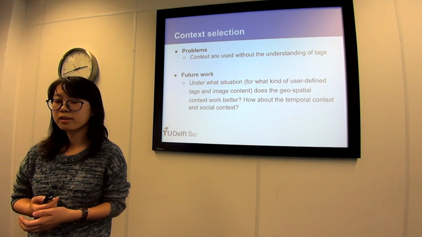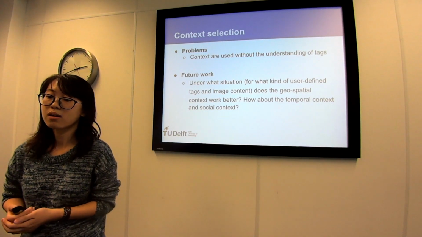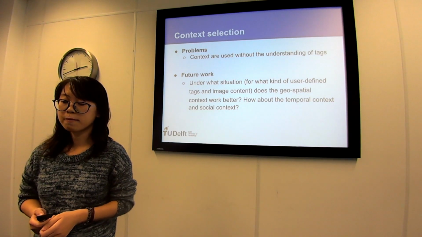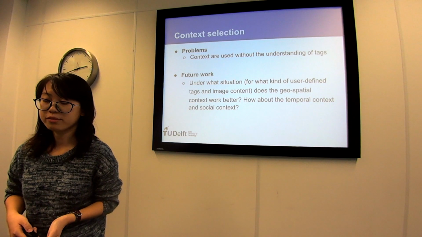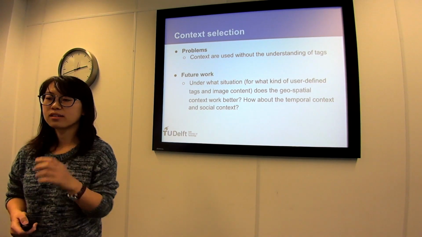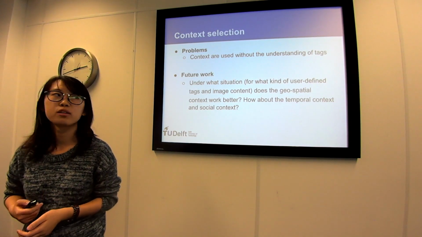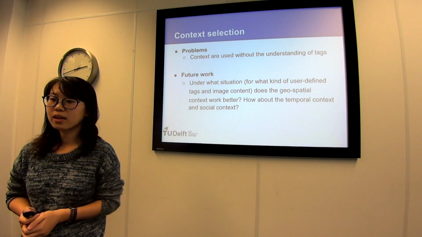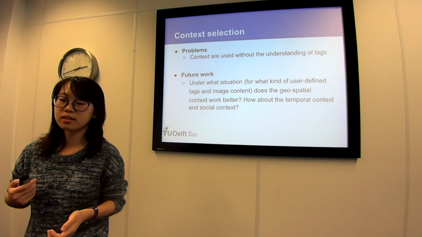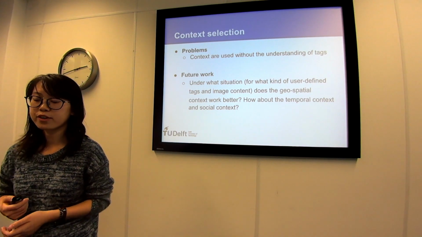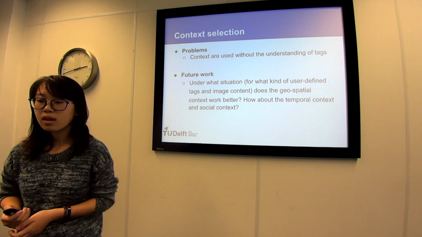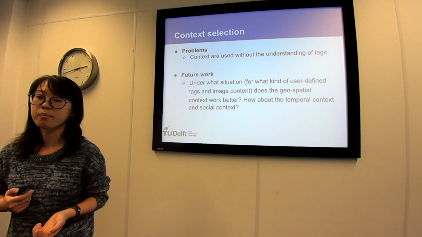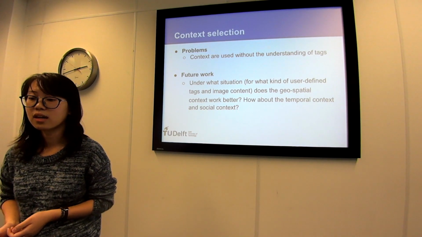The current problem is that the contexts are used without understanding of the text. For example, as we indicated in the previous slide, for a tag related to a specific landmark, maybe the geospatial context is more important than the social context.